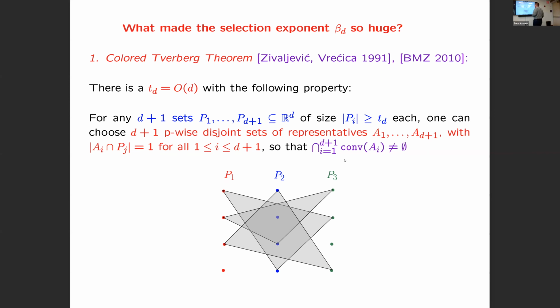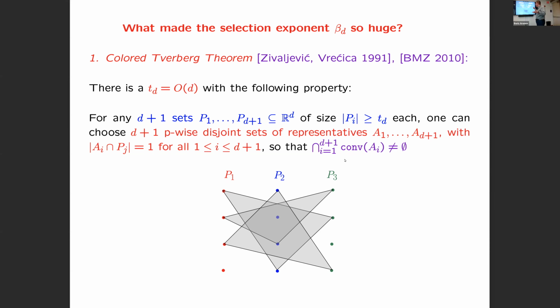It says that if you have d plus 1 point sets, each of size bounded from below by a second constant, which is the Kolot-Verberg constant, then one can always find d plus 1 disjoint sets of representatives, one from each set.